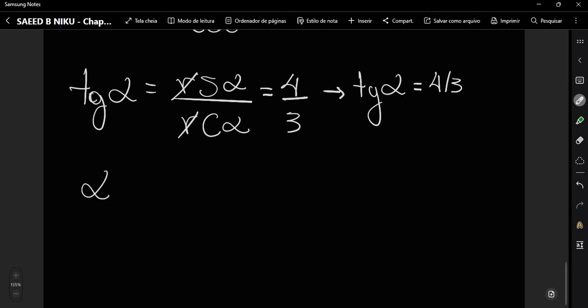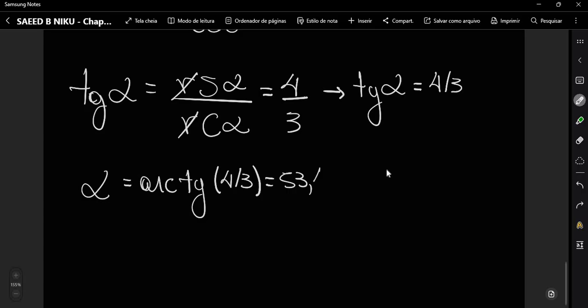So alpha is equal to arc tangent of 4 divided by 3, which is equal to 53.1 degrees.